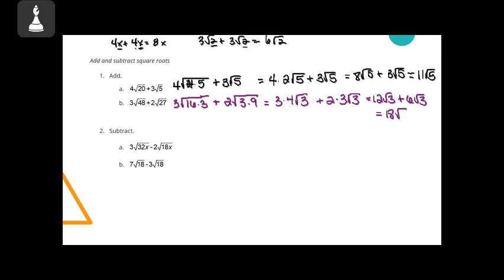We are going to do the exact same thing with our subtraction. We want to get our square roots to be the same so that we can now subtract the coefficients. So 32, I believe we saw 32 before, so 3 root 32x. So 32 was 16 times 2.